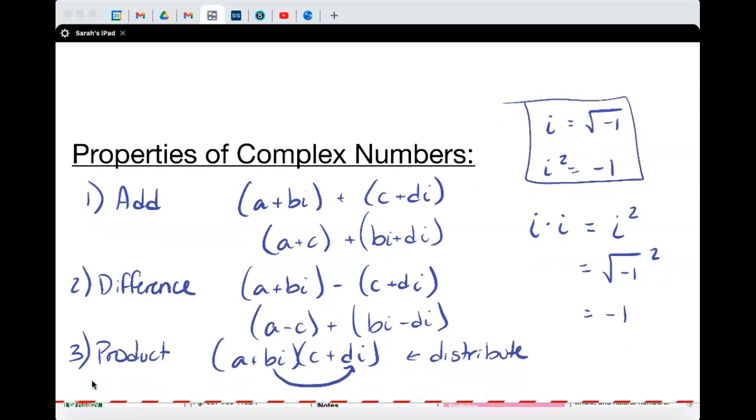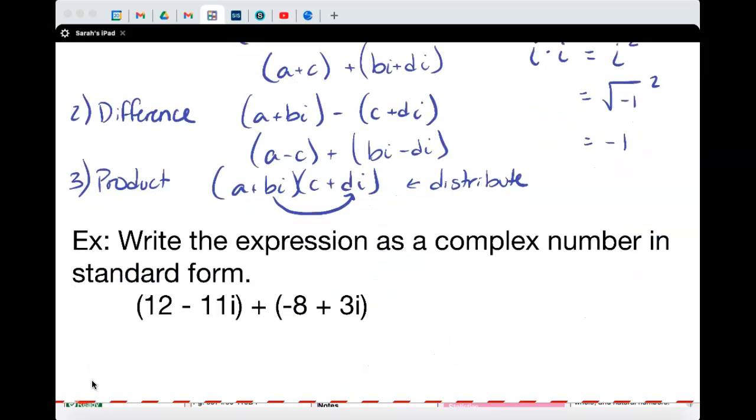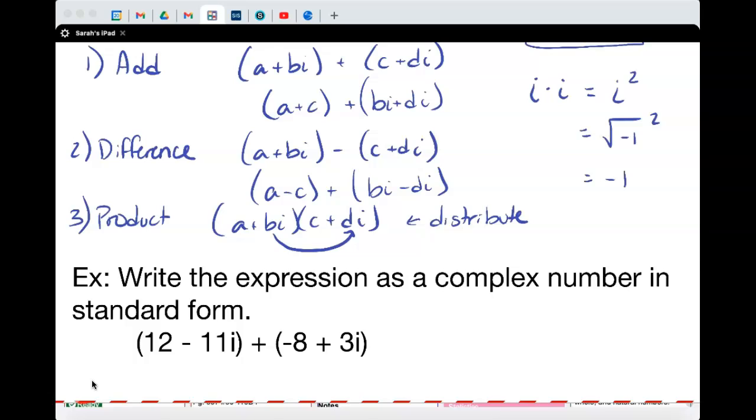So when we distribute, we're going to get this i squared piece. And we can replace i squared with -1, basically. So now i squared is -1, i is the square root of -1. Okay. So we're going to combine these together.